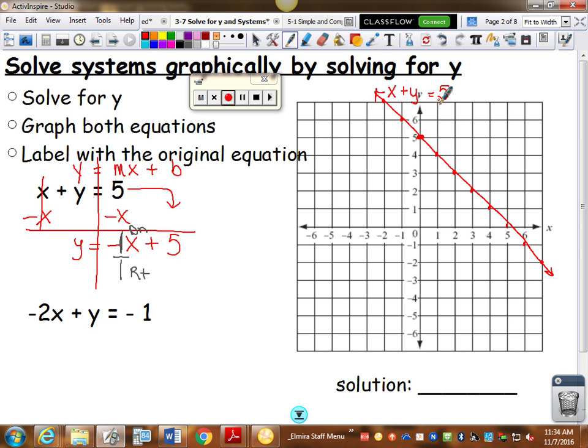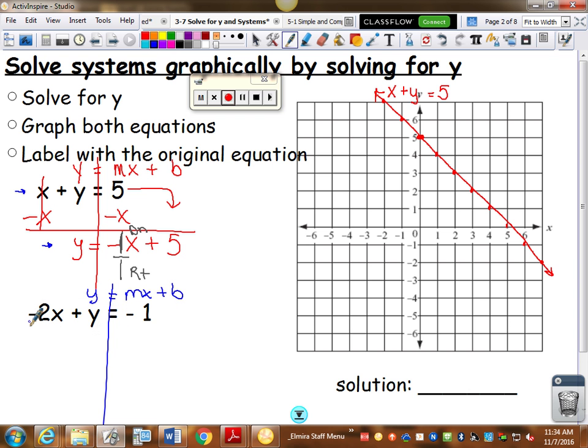So whatever is typed is what you label with, just to make it easier. And I'll be grading your quizzes and tests for the course, so it makes it easier for me to know if you messed up the y equals part. If you label it with the typed equation instead, it's easier for me to see where you went off the rails.